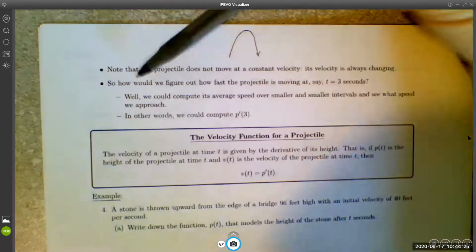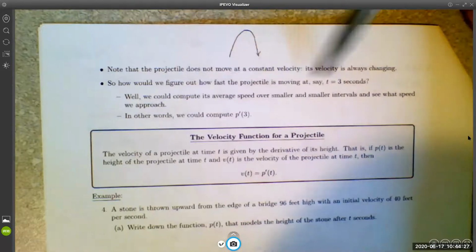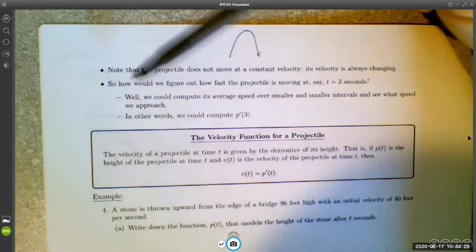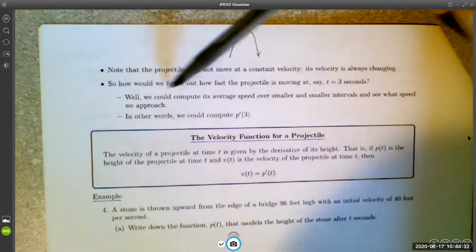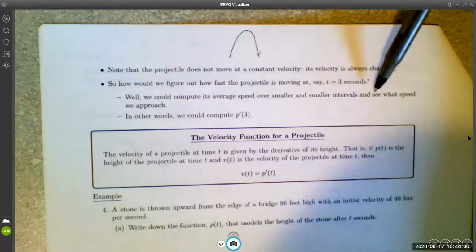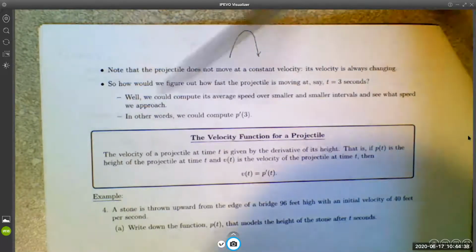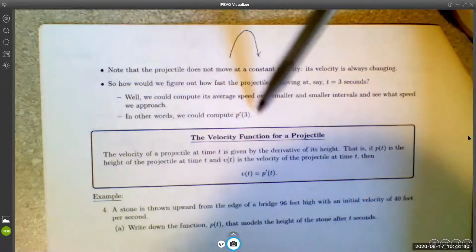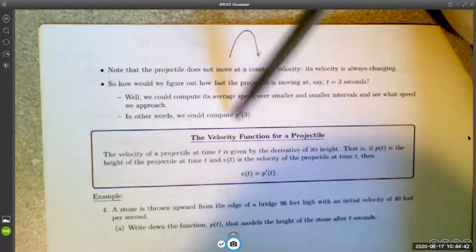Let's think about it. How would we figure out how fast the projectile is moving at, say, t equals 3 seconds? Well, one thing that we could do is compute its average speed over smaller and smaller intervals to see what speed we approach. In other words, we could compute the derivative of the position function.